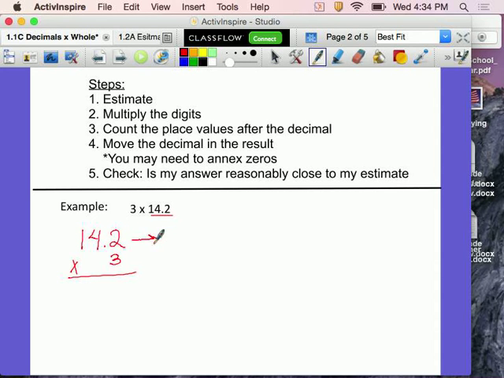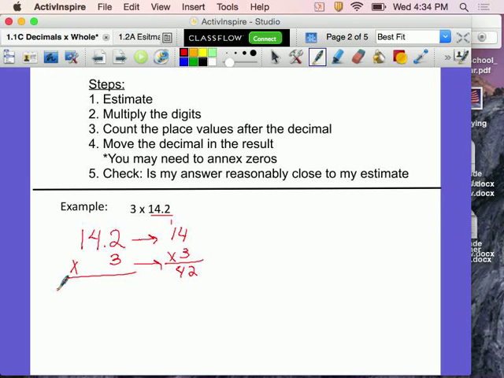So I'm going to estimate here. 14 and 2/10, that's probably 14 times 3, well 3 is 3, so that'll be easy. 3 times 4 is 12, carry the 1, 3 times 1 is 1, so that's 4. So it's around 42. So we don't want to get 4.2, we don't want to get 420, we don't want to get 4,020, we want to get something near 42.